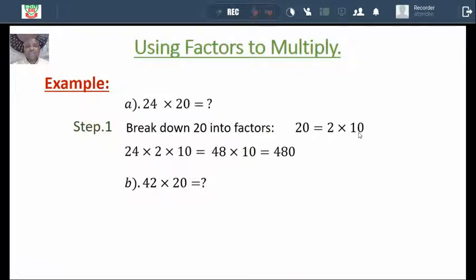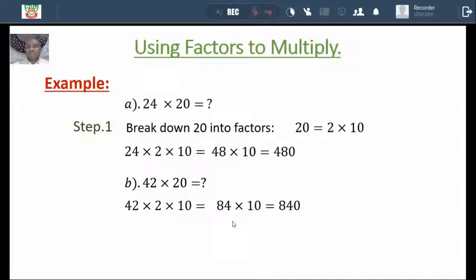Now it means you're going to get 42 multiplied by 2 multiplied by 10. Now you will simply see that 42 multiplied by 2 will be 84. Now, simple again, 84 times 10 will be 840. Just plug the 0 at the end of the number.